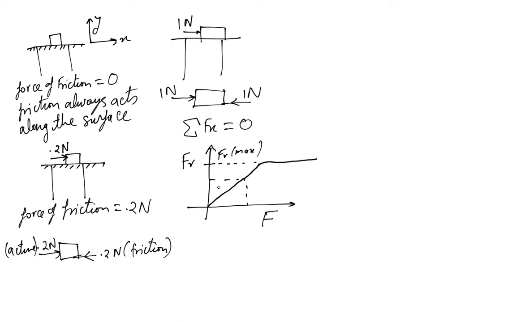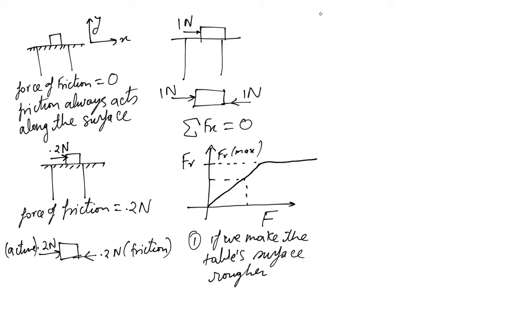Okay, so let's invoke two arguments. The first argument is, if we make the table surface rougher. So if we make the surface of the table rougher, what do we expect?